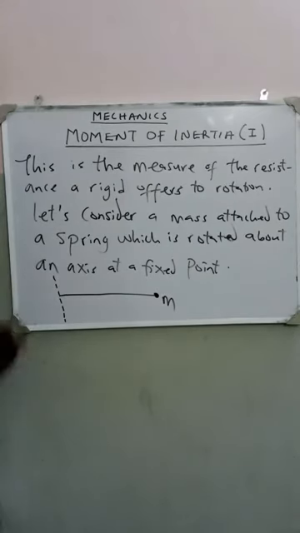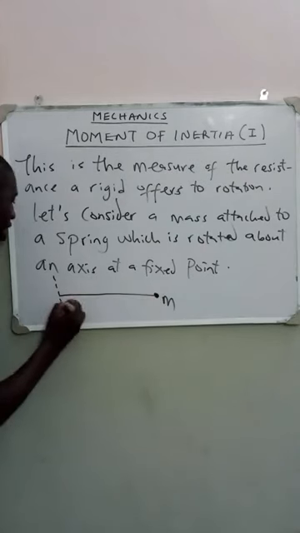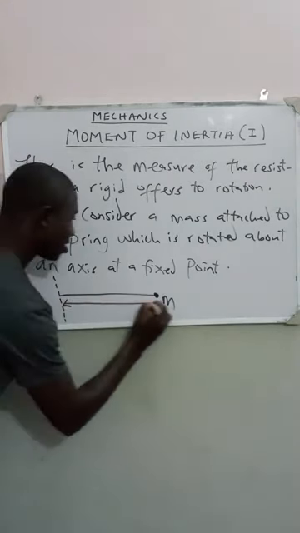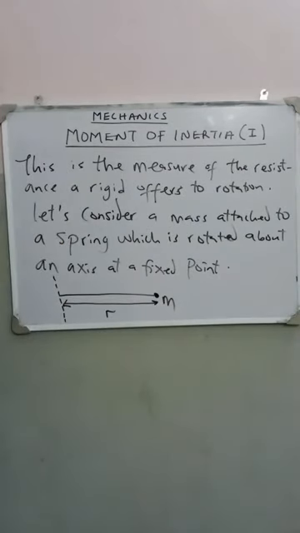We notice that from that axis of rotation to that mass, it covers a given distance. So let's call that distance R. I'm using R to denote that distance.